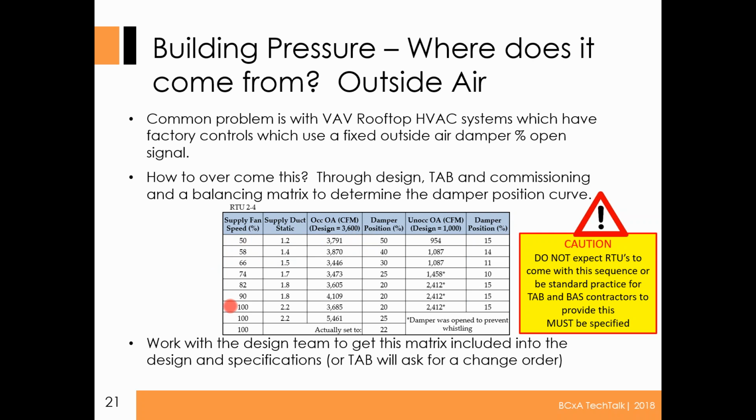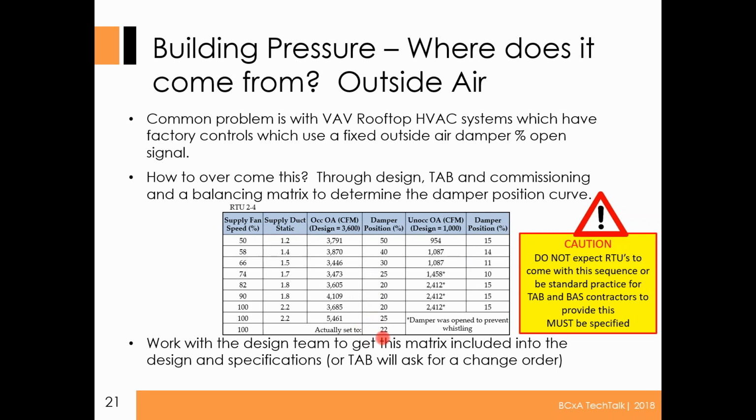We worked with the balancer and the controls contractor to create this table and basically plot the curve. So when the supply fan got to 58, 66, 74, all the way up to 100%, the outside air damper went from 50% down to what we finally settled on was 22% open.